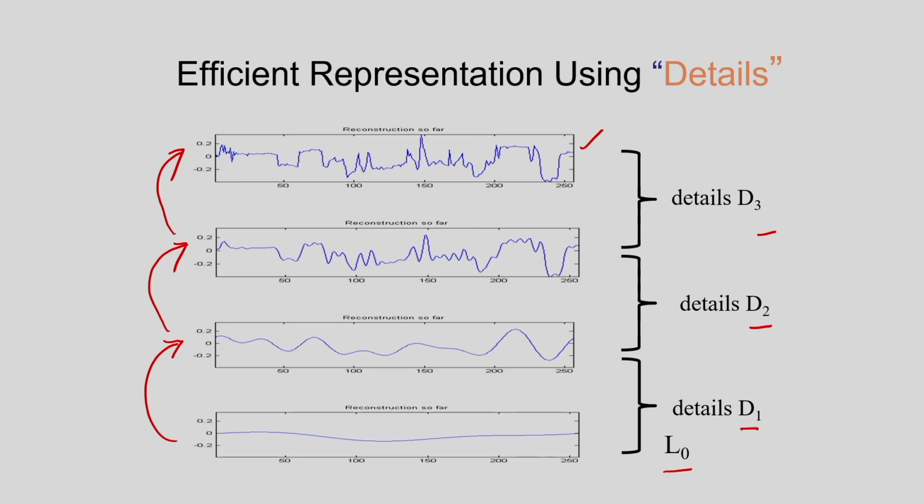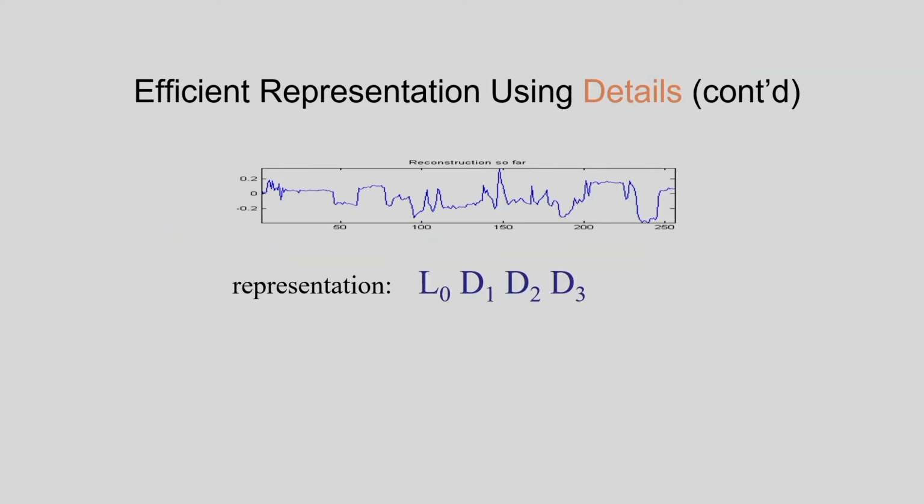That is an efficient representation using the high frequency detailed information. So you can see the signal is represented by L0, the low frequency information, and after this the detailed information D1, D2, D3. By using this, I can reconstruct or represent a particular signal.